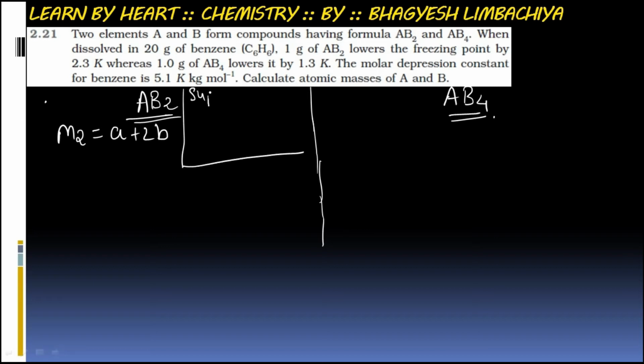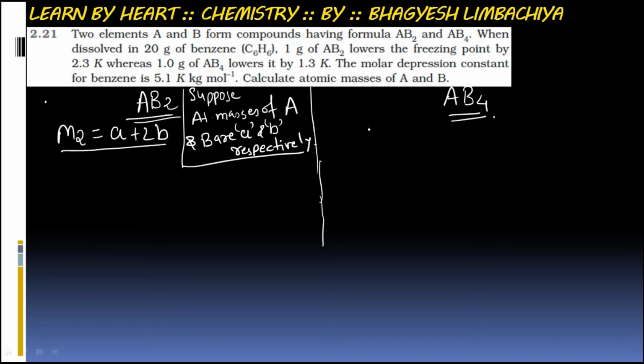So the molar mass of solute will be A plus 2B. So suppose we are writing here the atomic masses of A and B are small a and small b respectively. So the molar mass of AB2 is a plus 2b and the molar mass of AB4 will be a plus 4b.